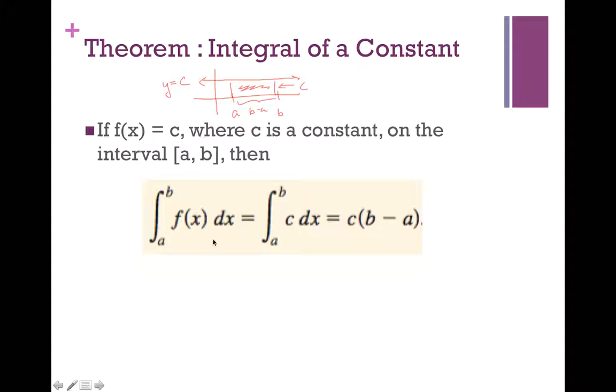So if I set this up, we can say it's the integral from a to b of the constant function c, which is just a number, any number here, and it is going to equal c times the difference of b and a.